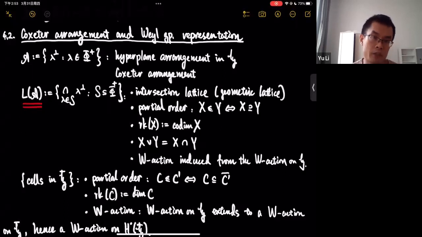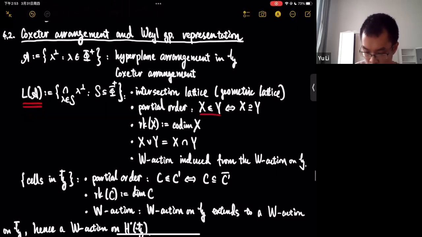Okay, it's not just a set. It's actually a geometric lattice, whatever that means. In particular, it has a partial order where an intersection X is less than or equal to another intersection Y if set theoretically X contains Y.